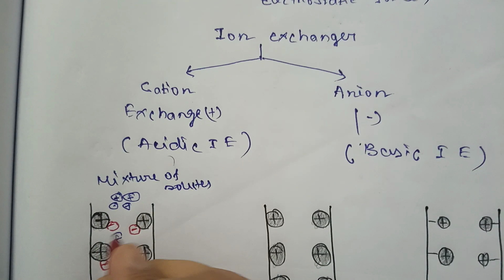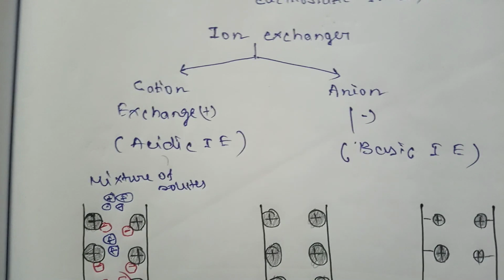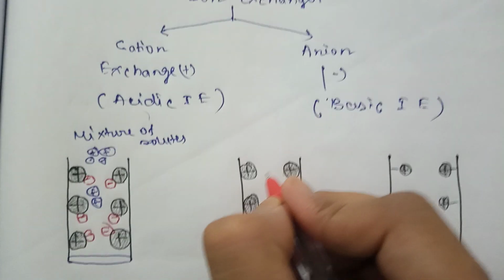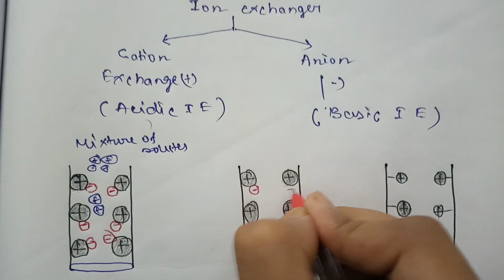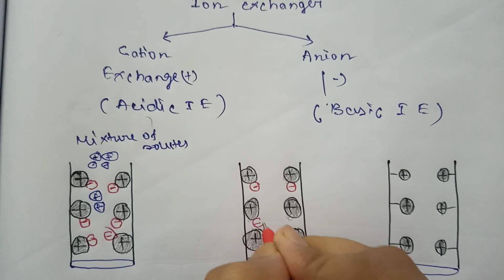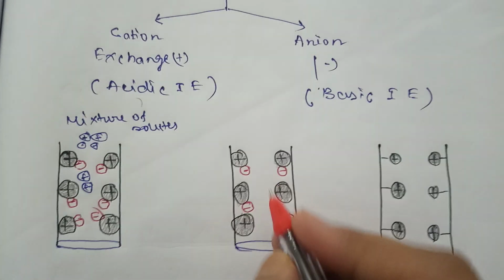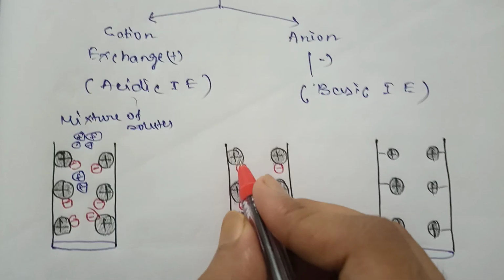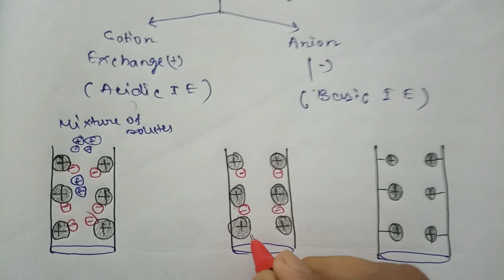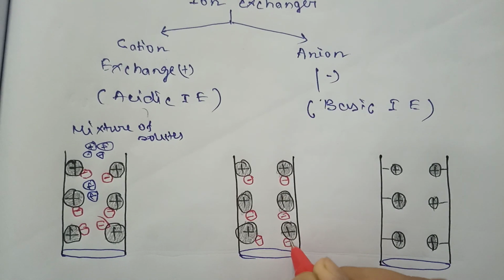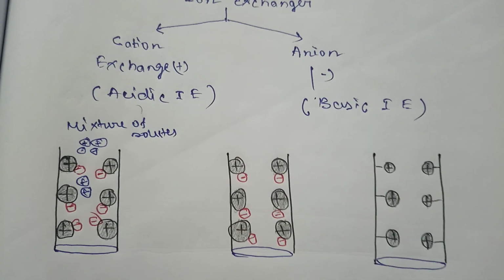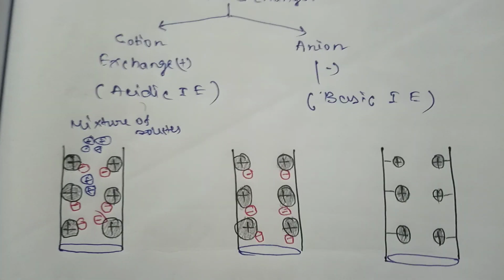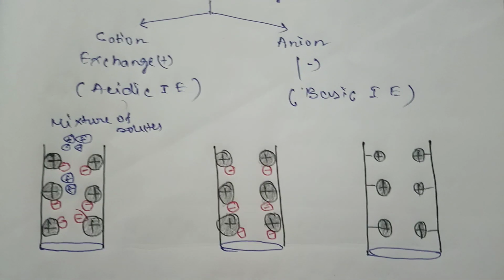But the cations will be free, right? So with time, the anions are getting attracted to the stationary phase. So that's why this drawing is an example of an anion exchanger.